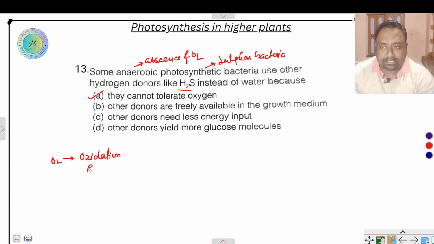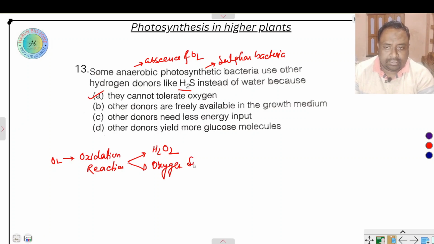During oxidation reaction, some toxic elements are produced like hydrogen peroxide or singlet oxygen, that is O minus. Both are highly toxic.